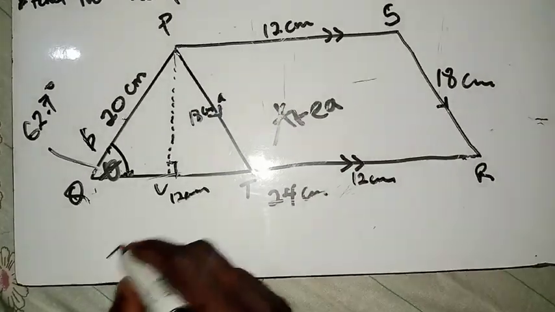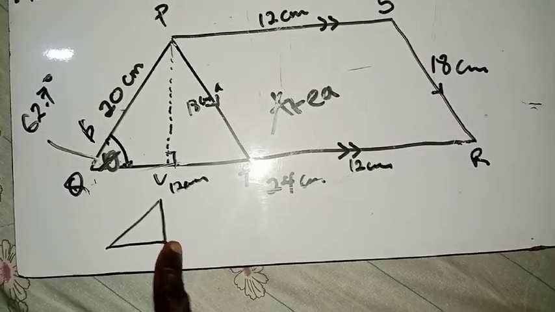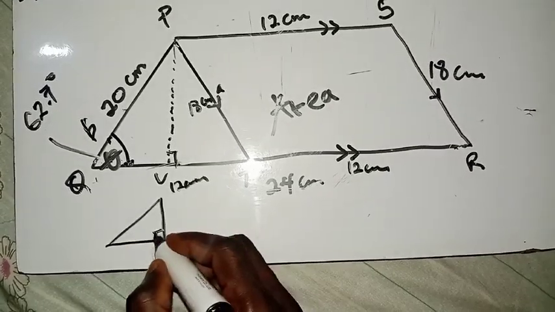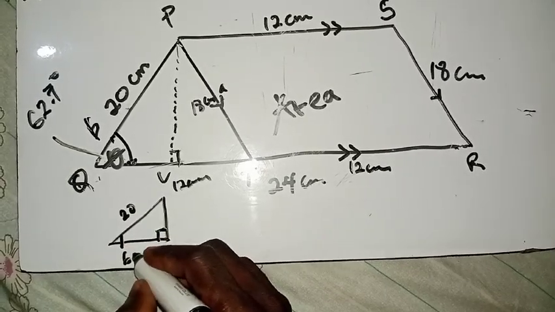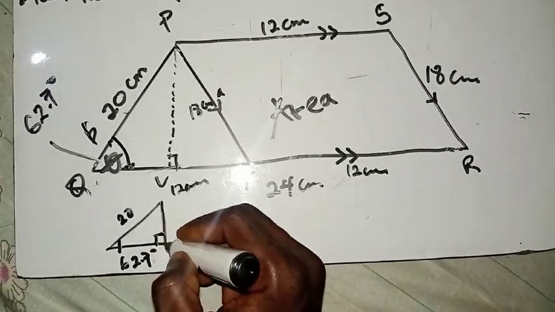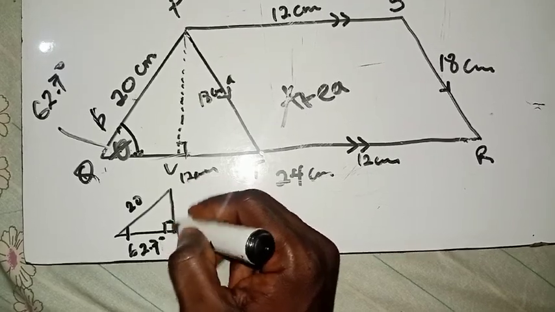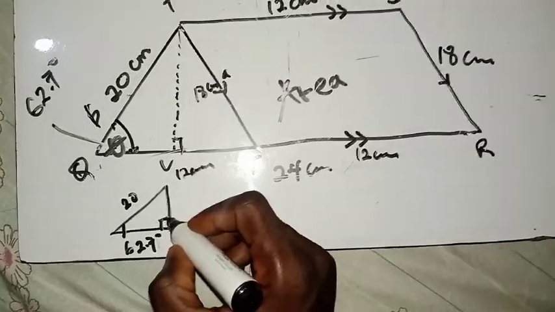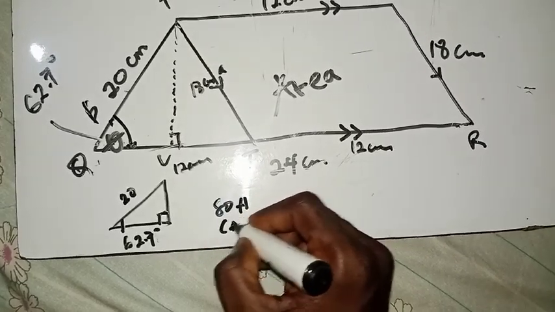So if I redraw this, it should go like this. So let me wipe this place here. This is a 90 degrees, right? So I have here to be 20, and I have theta here to be 62.7 degrees, and then I want to determine the value of this height here, this particular distance. So what are we going to use? Since this is a right angle triangle, we can easily go for SOHCAHTOA.